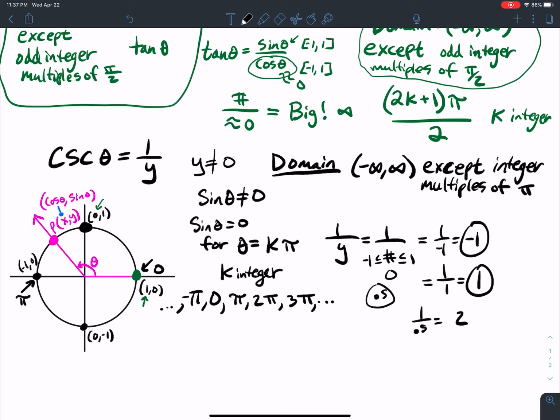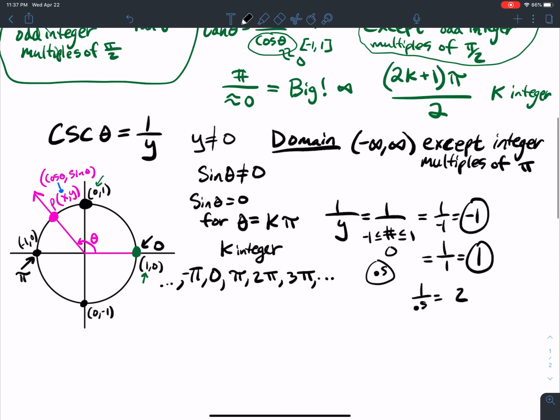So it looks like either for the range, okay? So for the range here, either the cosecant theta is less than or equal to negative 1, or the cosecant, oh, I'm sorry, I've written this wrong. Cosecant, not cosine.